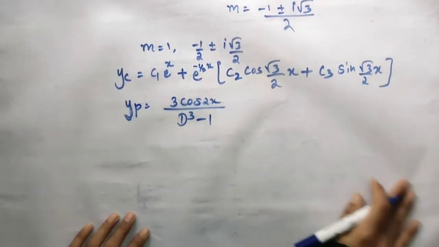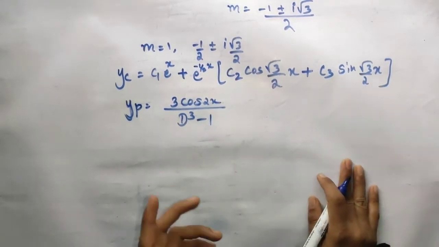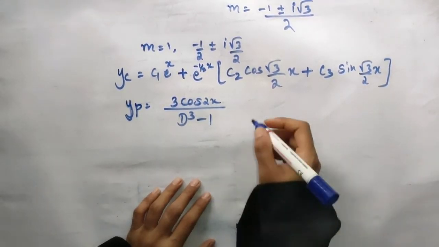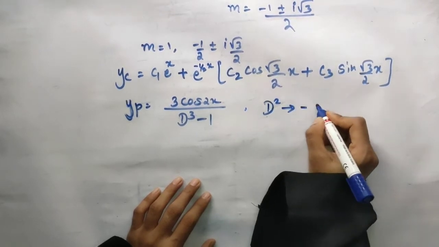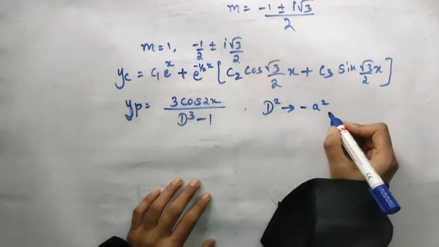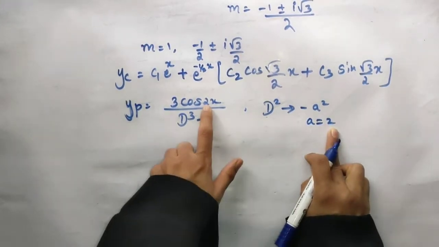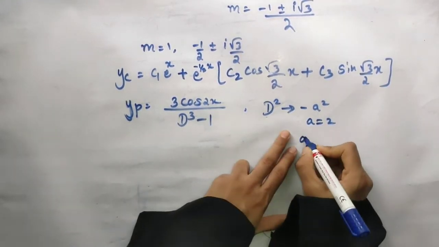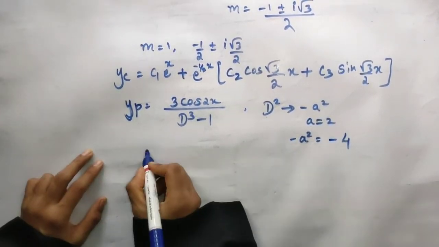Now since this is a trigonometric term appearing in the numerator, according to the theory which we discussed in my previous sessions, we have to replace every d square by minus a square. Here the value for a is 2, the coefficient of x. So minus a square will be equal to minus 4.